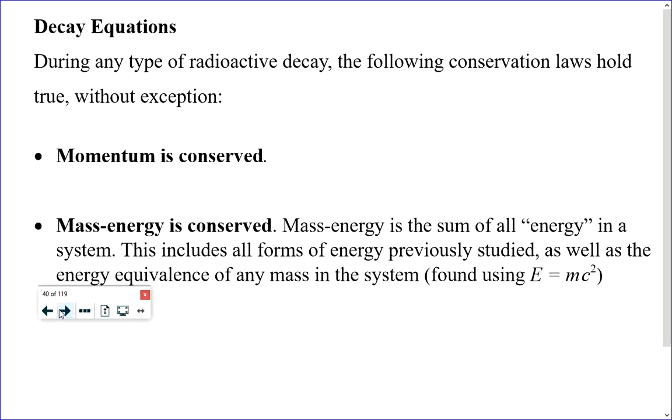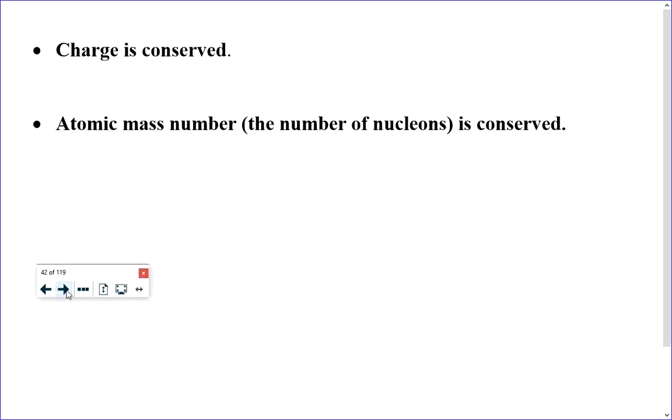Remember my analogy of the ice and the water? We can lose ice as long as you get that much water. You can lose mass as long as you get that much energy. The other two, which are very important in balancing these equations, is charge is conserved and atomic mass number is conserved. And with that, even though we haven't used them, I think on your formula sheet, that's all 10 physics principles.